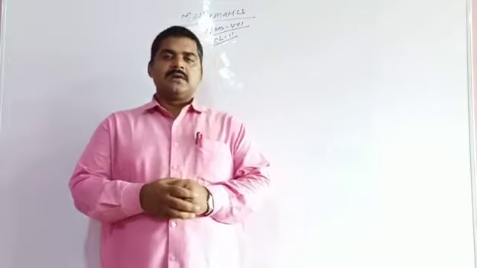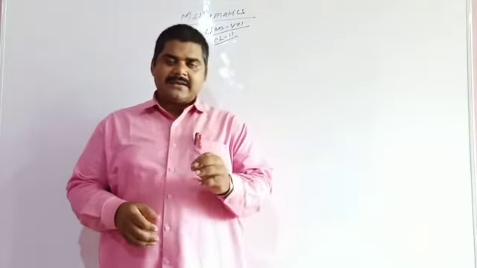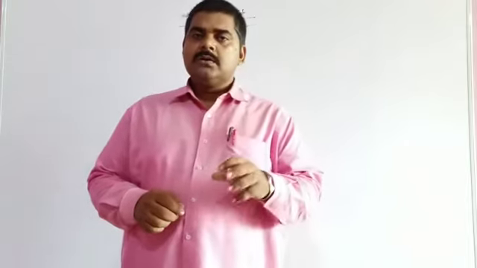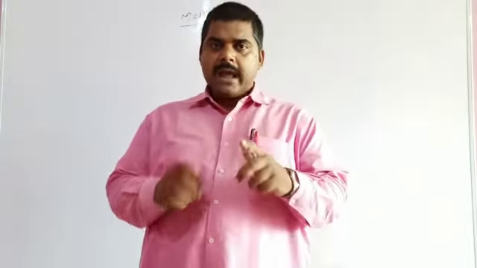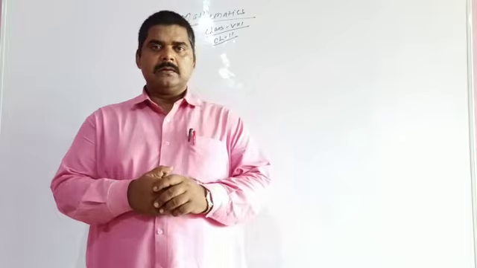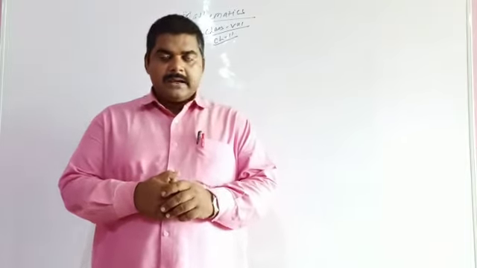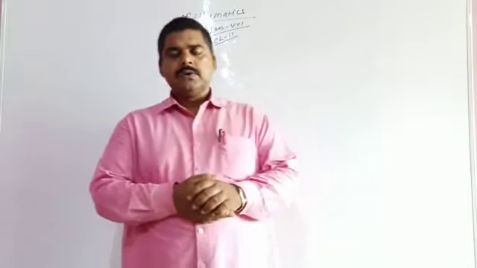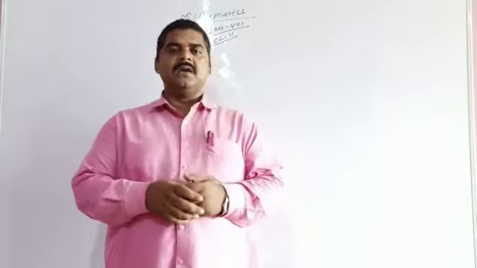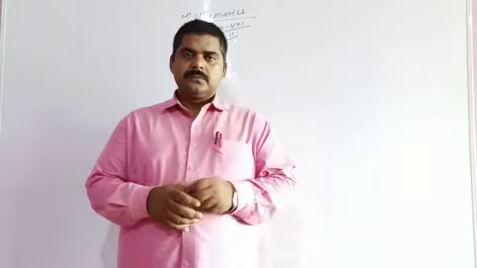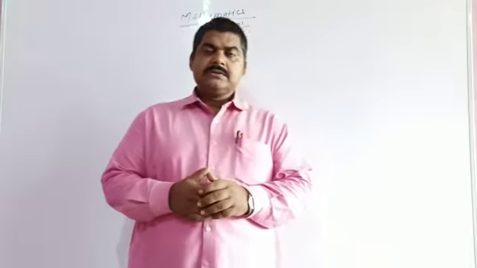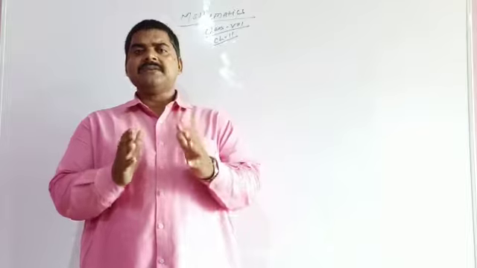In this chapter, I will start the concept again with closed and open figures. My dear students, as you know, there are two types of figure. First one is two-dimensional figure. Second one is three-dimensional figure.